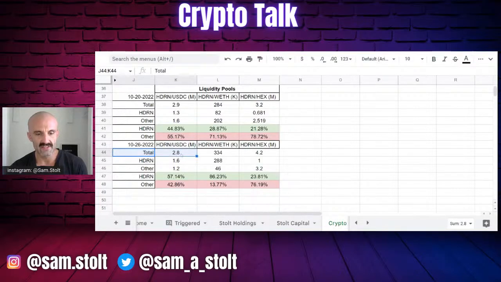In the USDC pool, there's 2.8 million total liquidity. 1.6 of that is Hedron, and 1.2 of it is USDC. So 57% of the pool is Hedron. In the wrapped ETH pool, this is the small pool, we have 86% of the pool right here: 288,000 of the 334,000 is Hedron.